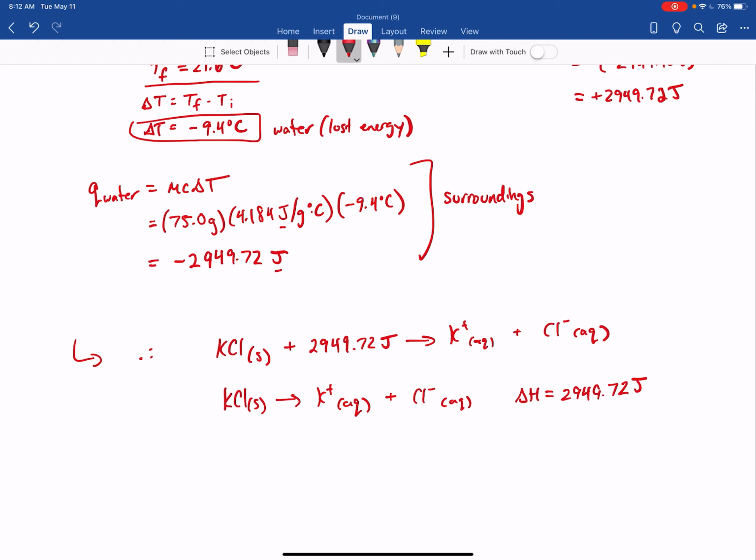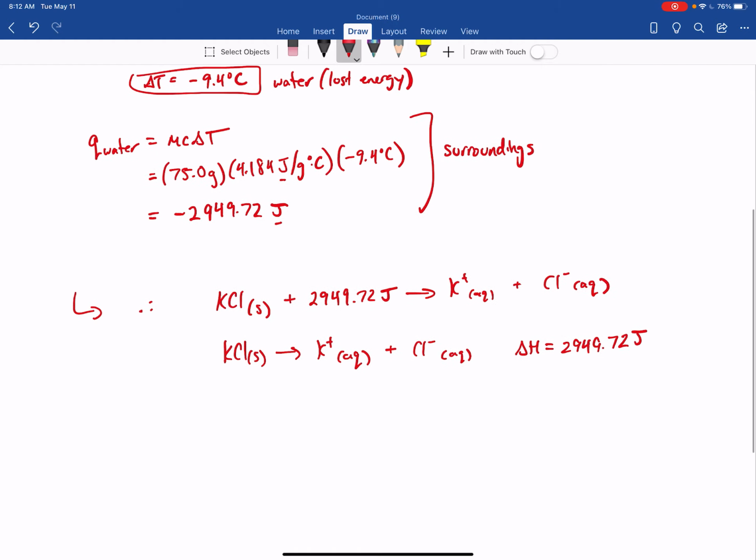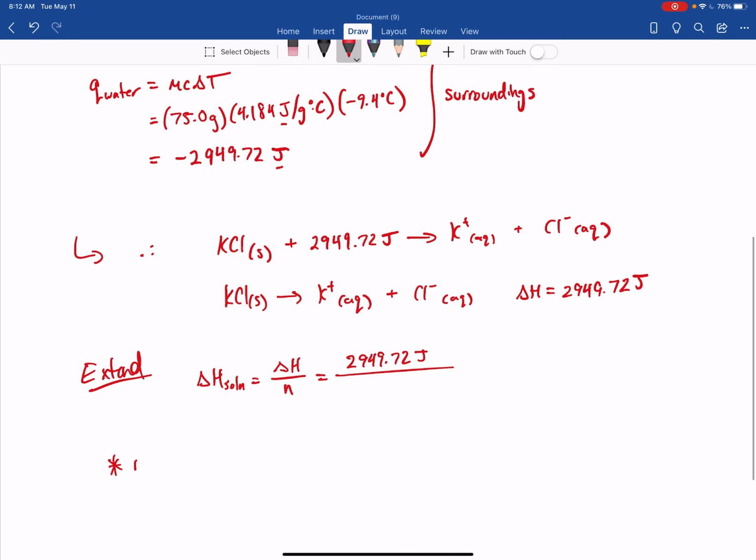If we wanted to take this one step further and find the molar enthalpy, remember that the molar enthalpy of solution is equal to delta H divided by n. We know delta H as 2,949.72. We can find the moles: moles equals mass divided by molar mass.